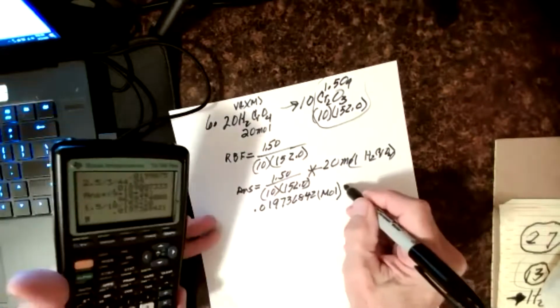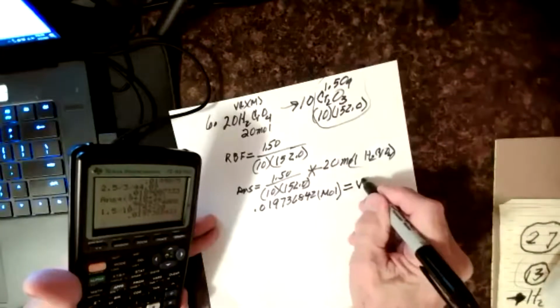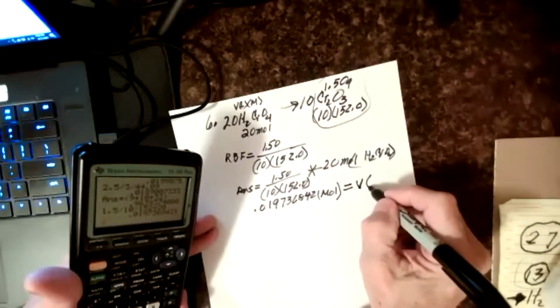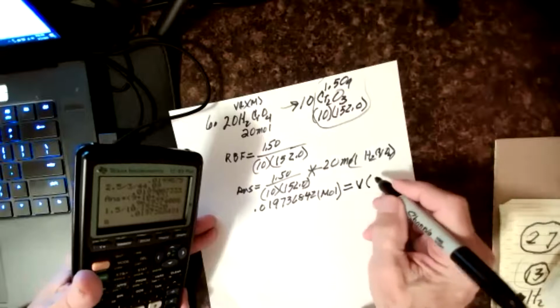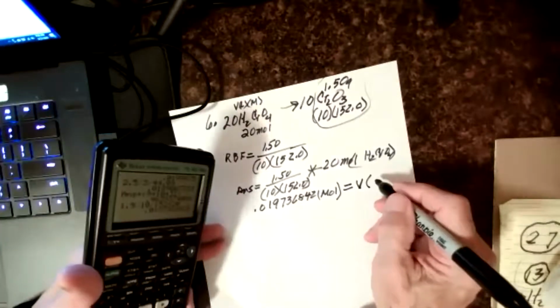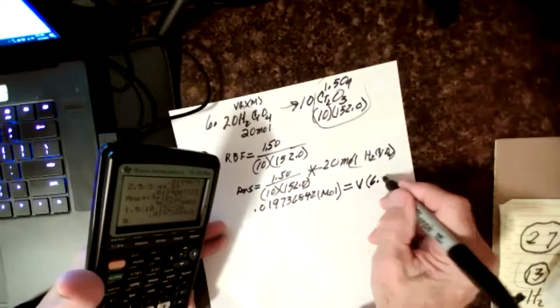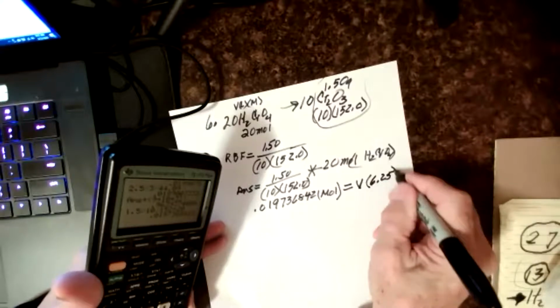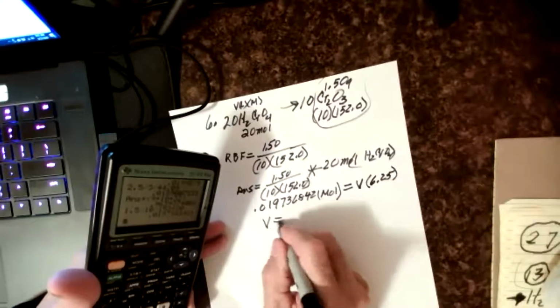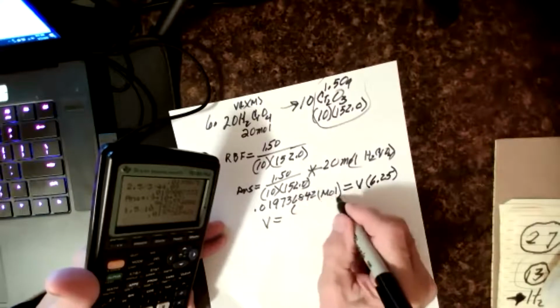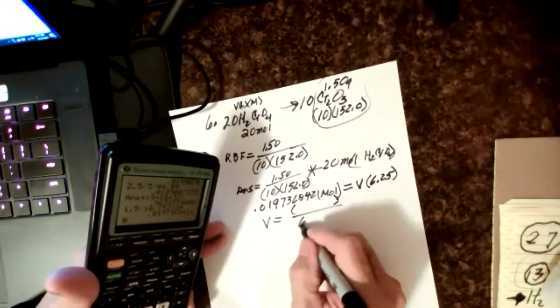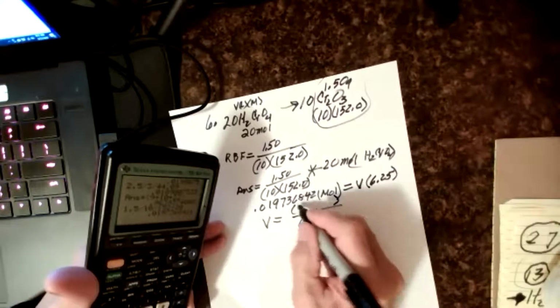Now, that has to be equal to the volume in liters times the molarity. The molarity given in the problem was 6.25. So the volume is going to be this number divided by 6.25.